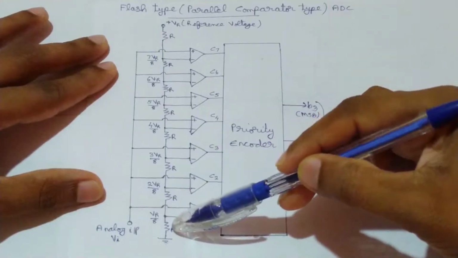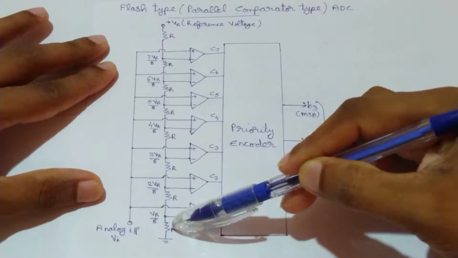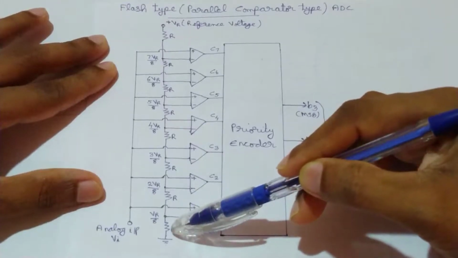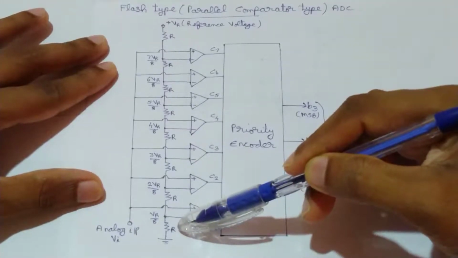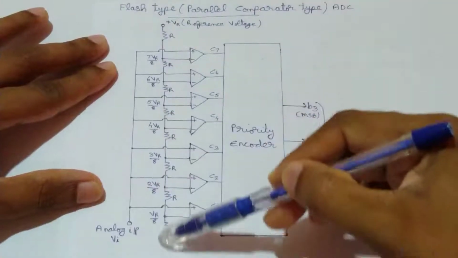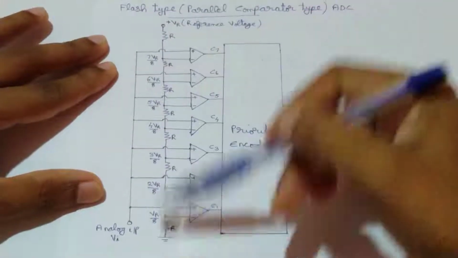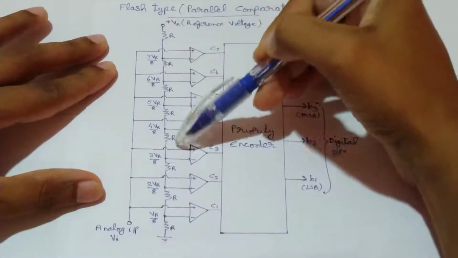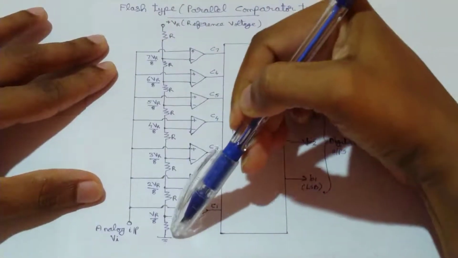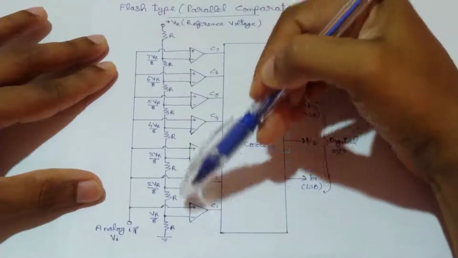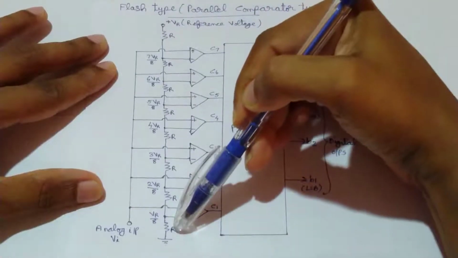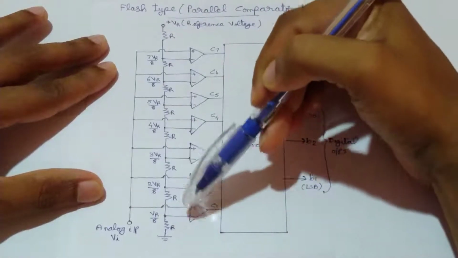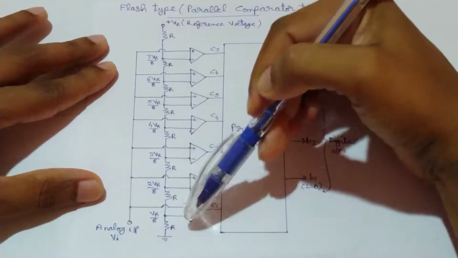Now the voltage across this resistance R can be calculated by using the voltage division rule. So this is the resistive network. Here a VR voltage is applied, all the resistors are equal, and we have a total of 8 resistors. So the total value of resistance is 8R.